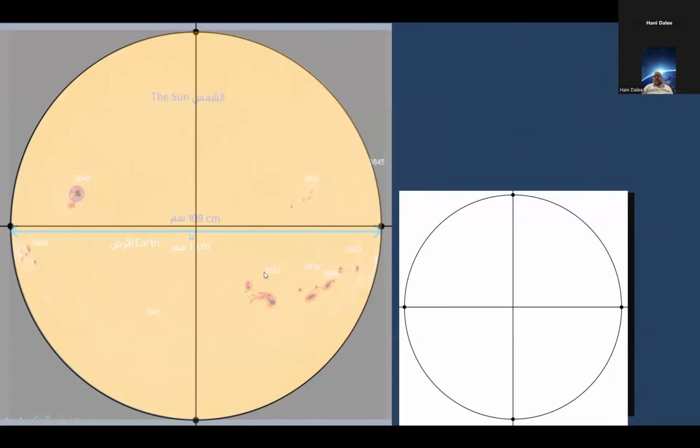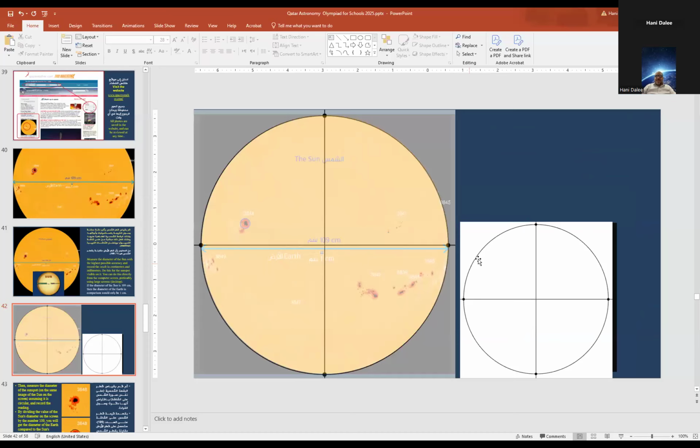Go back to the sun. I use this grid to determine the exact position of the diameter I'm going to measure, because when I drew this line, it was not correct. So I brought this.